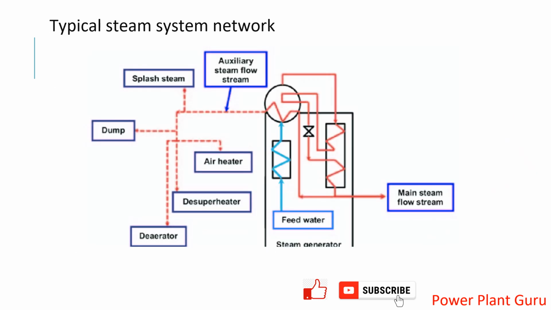I'm taking an example here, where you can see this is a boiler drum. This is called a steam drum. Here in this case, you can see there's a tapping of steam from this steam drum only.